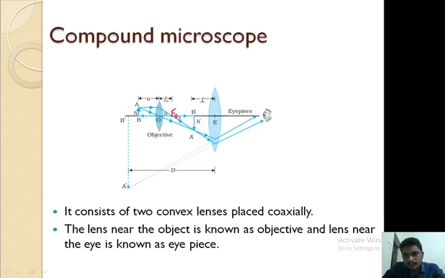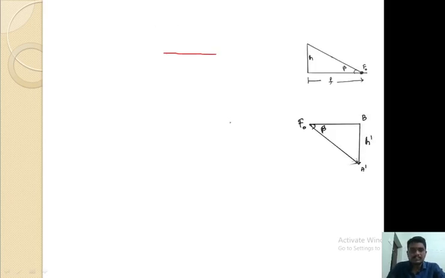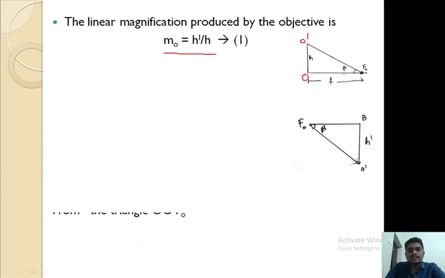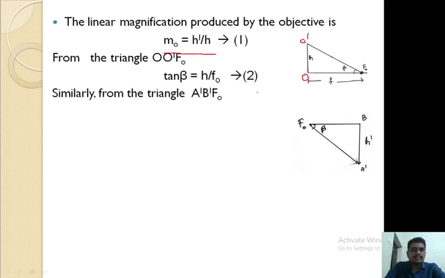Let it be O, and draw a perpendicular line here. So now we got a right angle triangle here, and the same I am representing here. This is O, the optic center, and this is O dash. Now from this we can write tan beta is equal to h by f. Since h is very small, tan beta is approximated to beta, so beta is approximately equal to h by f.